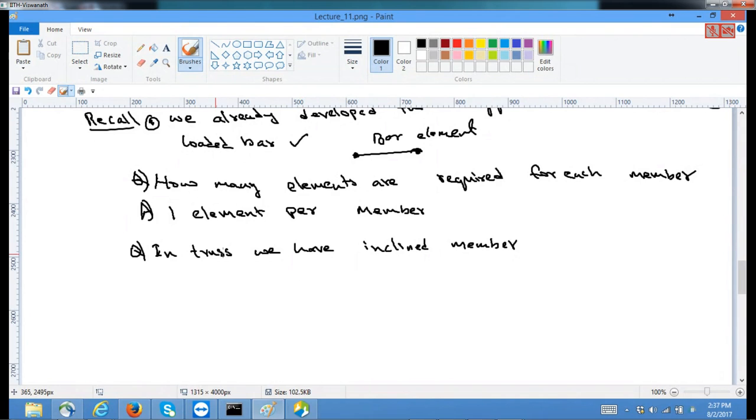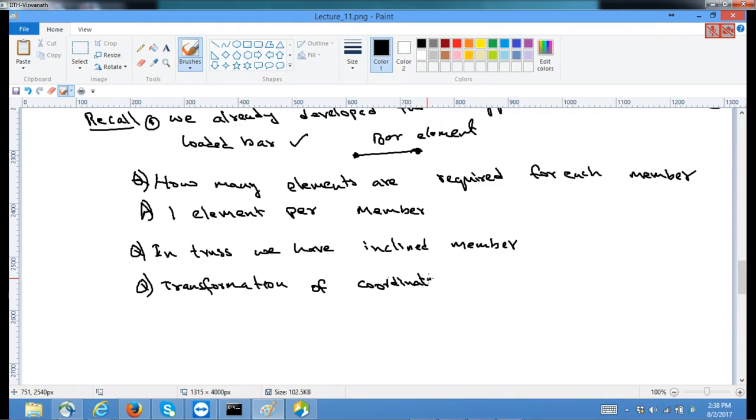In order to solve this, another topic we need to discuss is transformation of coordinates.